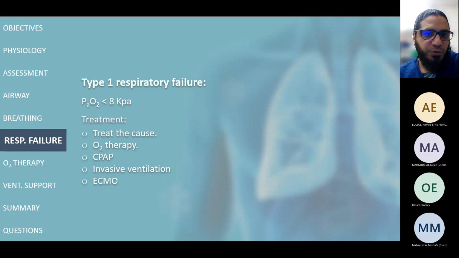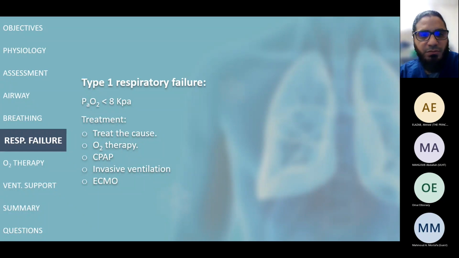Treatment of type 1 respiratory failure, these are the broad lines of the management. Each one of them needs many lectures to explain, but it's again like a stepwise approach. First, you identify the pathology, treat it, and support the patient with oxygen therapy because it's the easiest thing to correct at the time being.